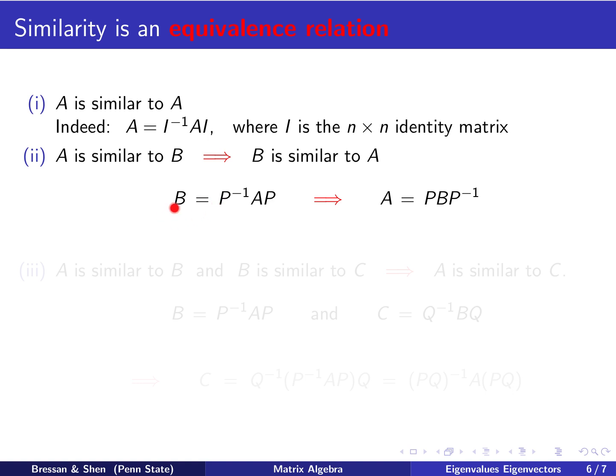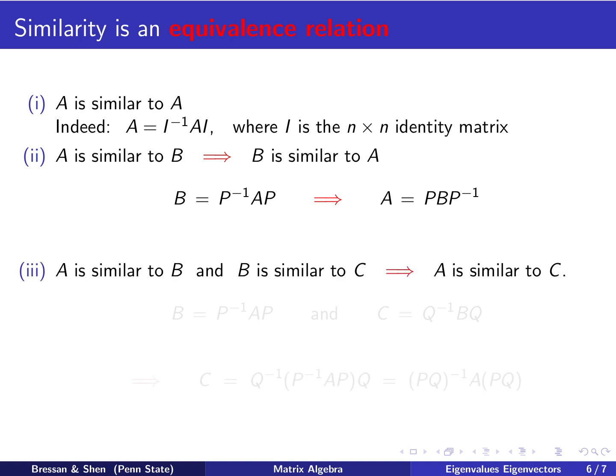Then you get P times B, and then P and P inverse make the identity, so you can drop that. And then you multiply with P inverse on the right. Then you get P times P inverse on the right, which is the identity. Then you get A equals P times B times P inverse.